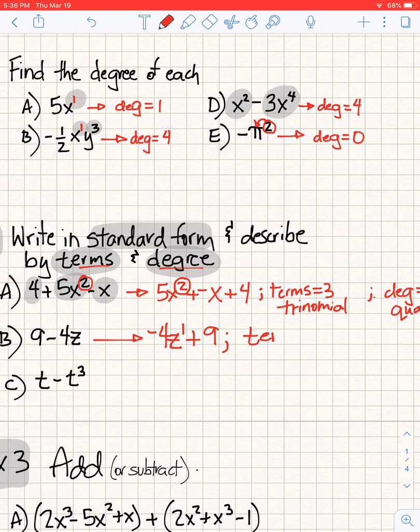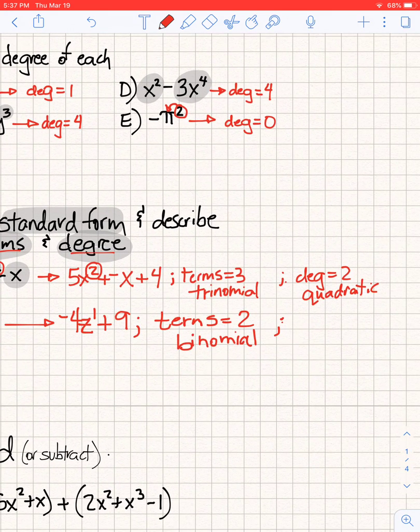Terms, hopefully you can see that there are 2 terms, so we refer to this as a binomial. And finally, since it has a degree of 1, we call that a linear function.